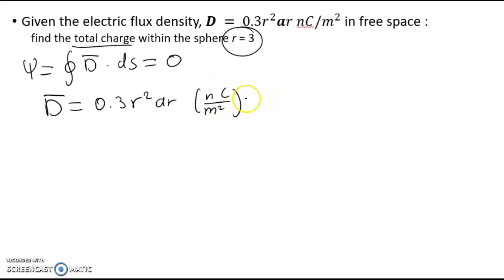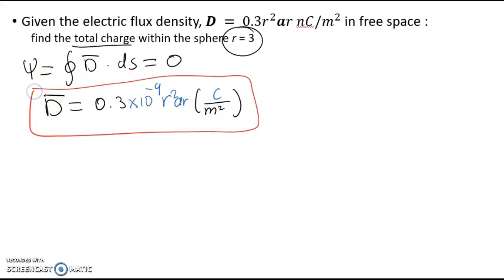However, since we are working with nanocoulombs, it's the same if we write it as times 10 to the minus 9 r squared in the a_r direction. We just erase the nano from here. This is going to be our flux density expression.